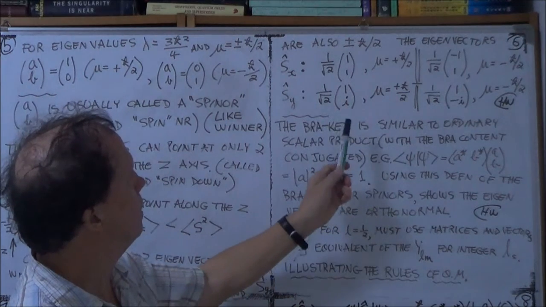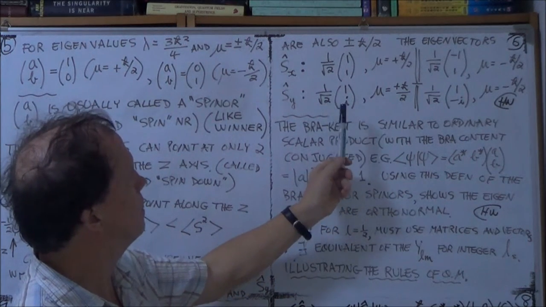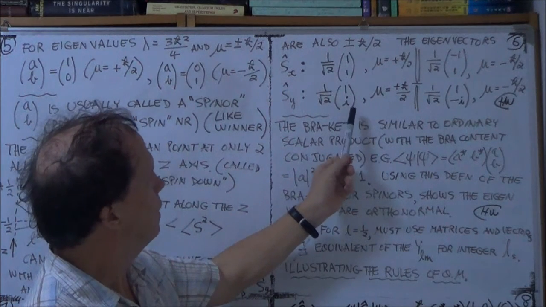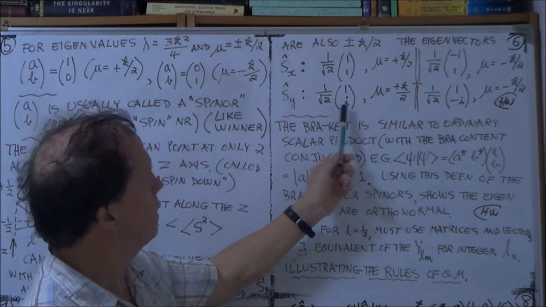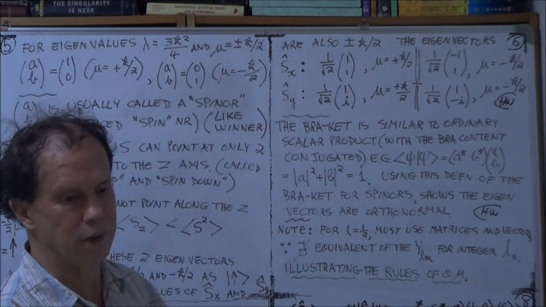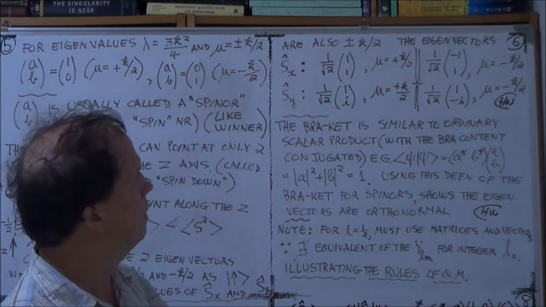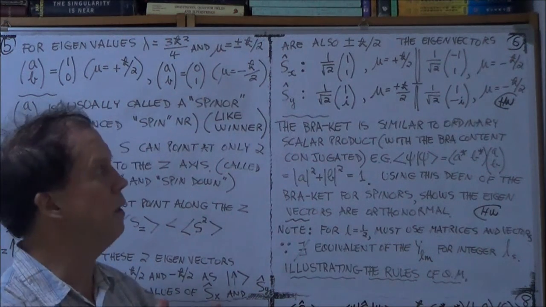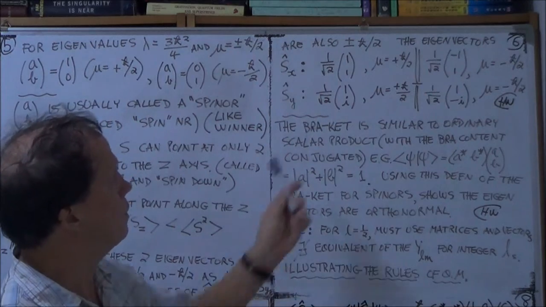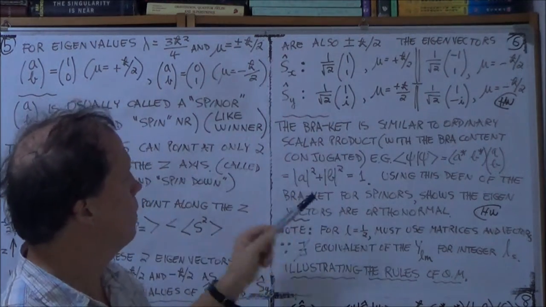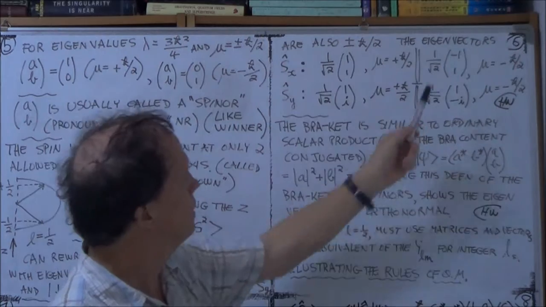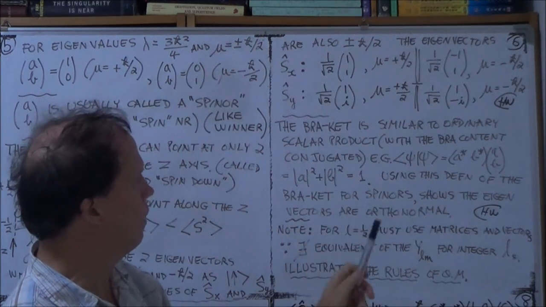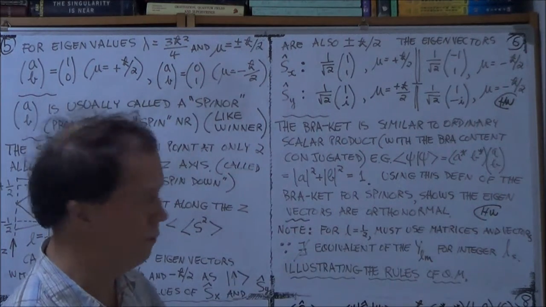And similarly, 1 by 1 is 1, and you're conjugating it, so minus i times minus i, that's plus i squared, which is minus 1, which cancels with the 1, so you get 0. You just do that almost by inspection. So these eigenfunctions, or spinners, if you like, are orthonormal, so do that also for homework.